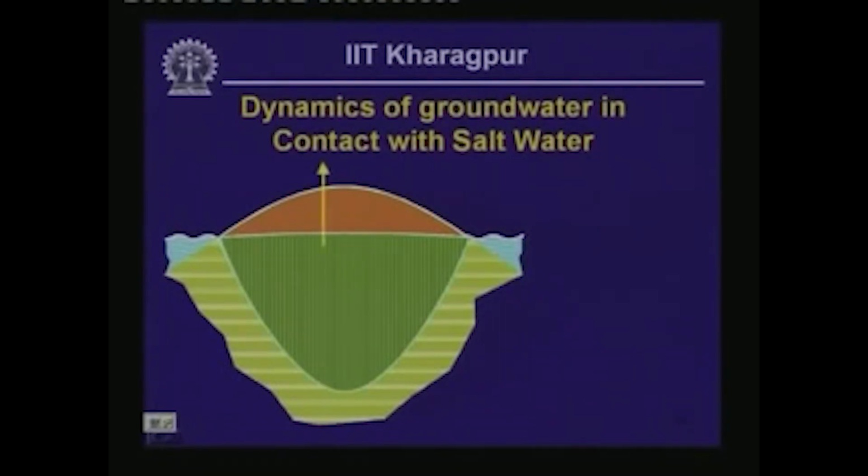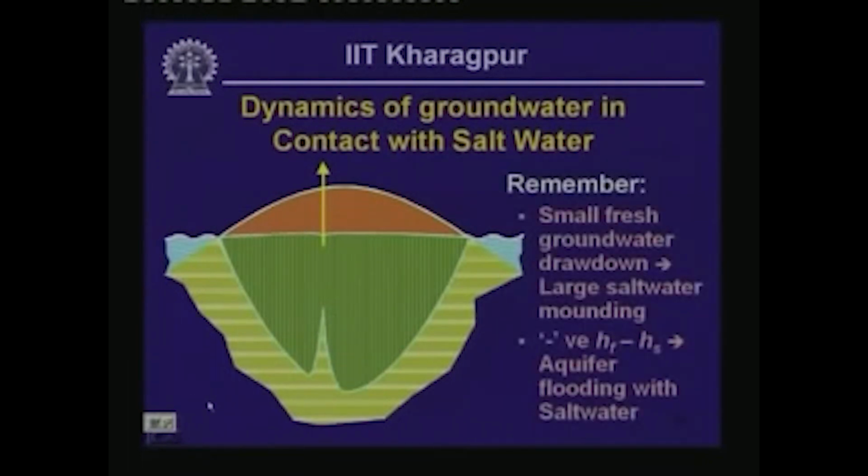Let's say we install a water well at some location within the land area, and we start dewatering. If we dewater, leading to a slight lowering of the water table, a remarkable saltwater mound is going to form near the bottom of the freshwater wedge, and you can see that this wedge is much larger.